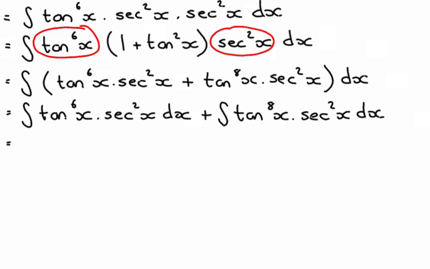So that becomes tan to the power of 7x over 7, which is the same as 1 over 7 tan to the power of 7x, plus. Same thing here, there's the derivative of the inner function, so I go to the composite function and just add 1, so it's tan to the power of 9x over 9, which is 1 over 9 tan to the power of 9x plus the constant of integration.